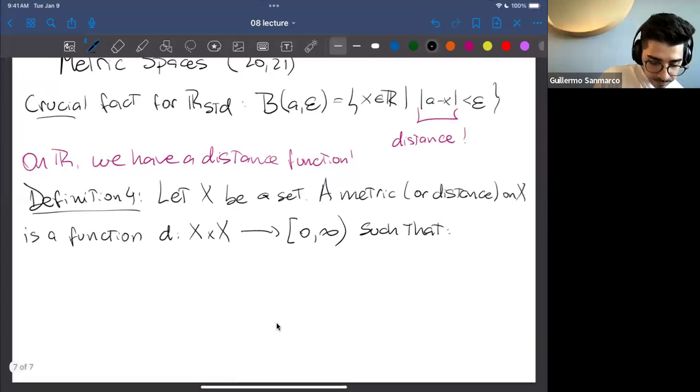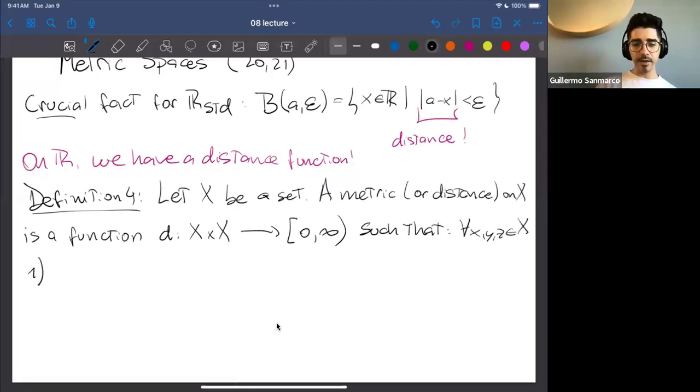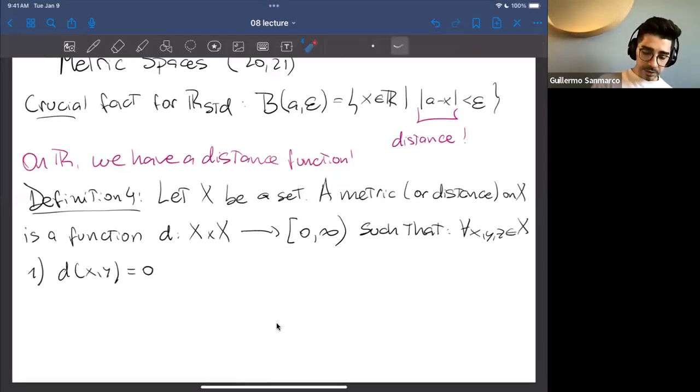The first one is, let's start by saying for any x, y, and z points in our set X, if you have 2 points which are at distance 0, well, that should only happen when these 2 points are the same.